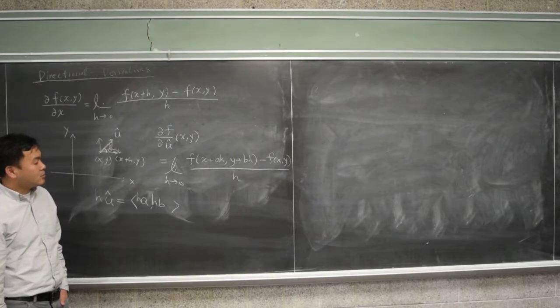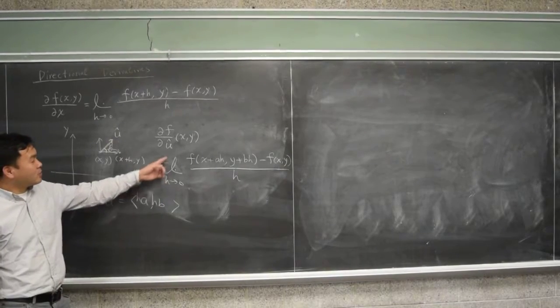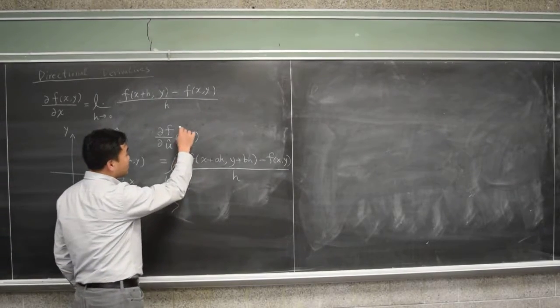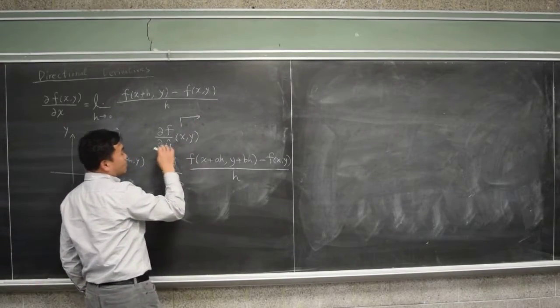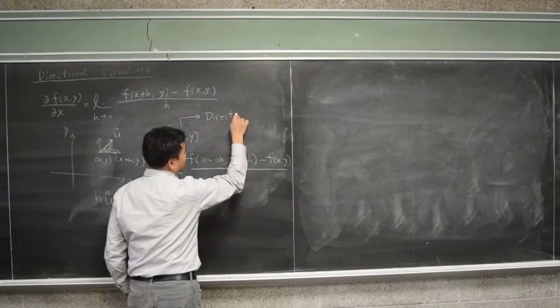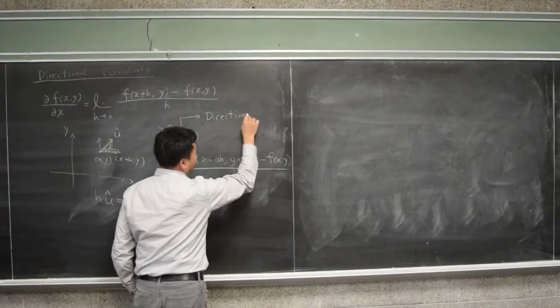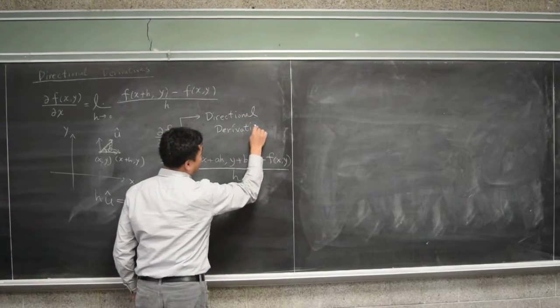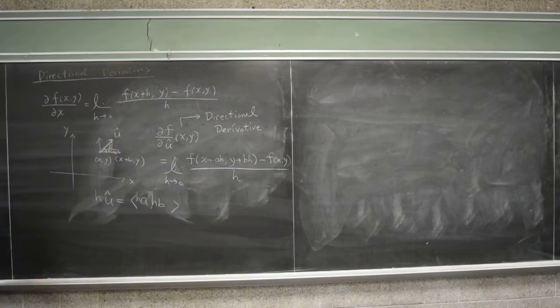So that's what this one is. This one is called a directional derivative. Now, sometimes people use the following notation for the directional derivative.